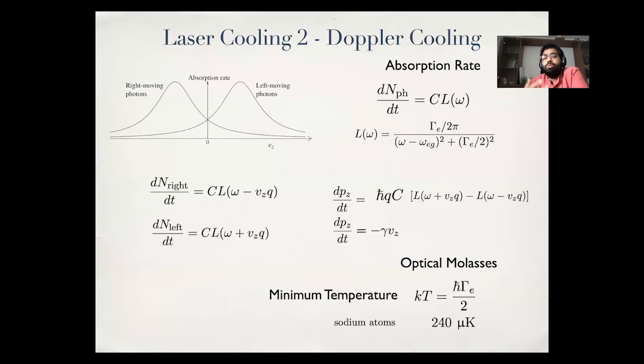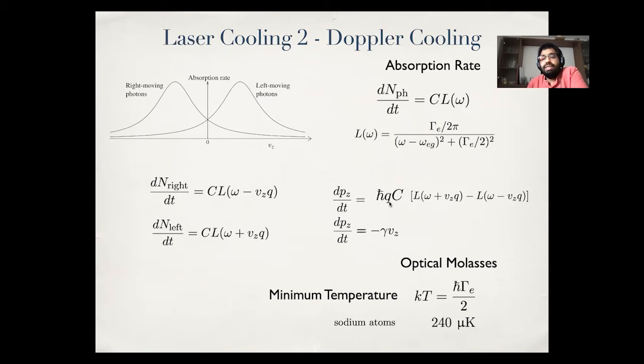So let's put this into math. If I look at my absorption of right moving photons, I have to evaluate this at omega minus velocity Vz times q. On the other hand, the left moving photons will be absorbed at omega plus Vz q due to the Doppler effect.